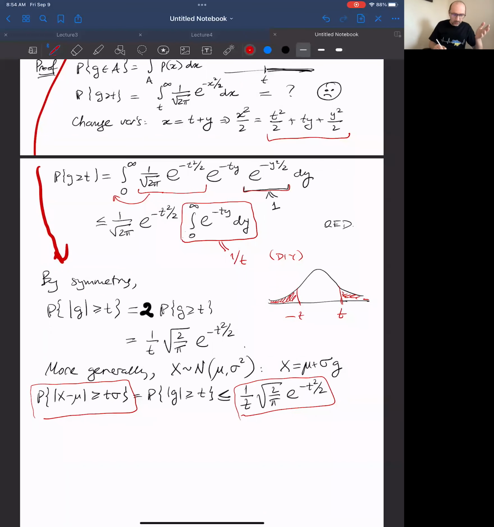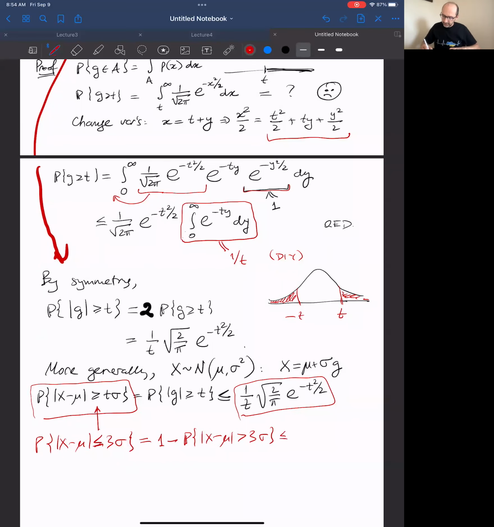But now let's test. What do we know? Every engineer knows that x minus mu is less than 3 sigma, the 3 sigma rule: the normal distribution stays within 3 standard deviations with probability 0.997. Okay, let's test. How did we do here? First of all, we have to flip the sign, so it's 1 minus the probability that x minus mu is greater than 3 sigma.